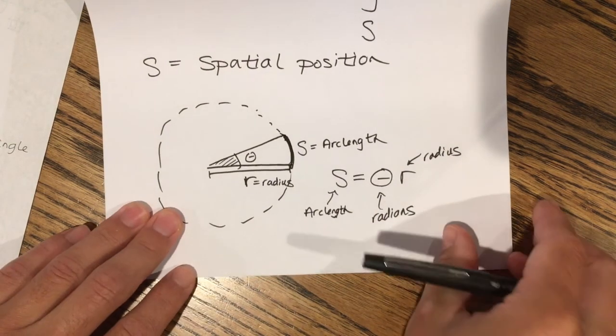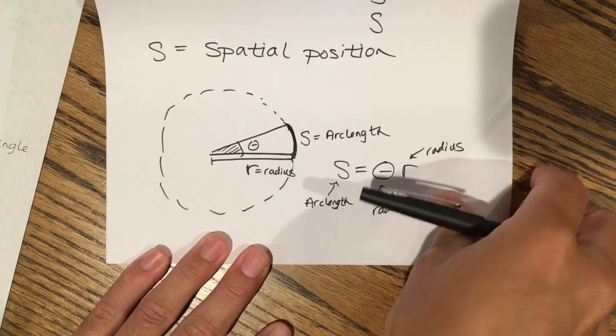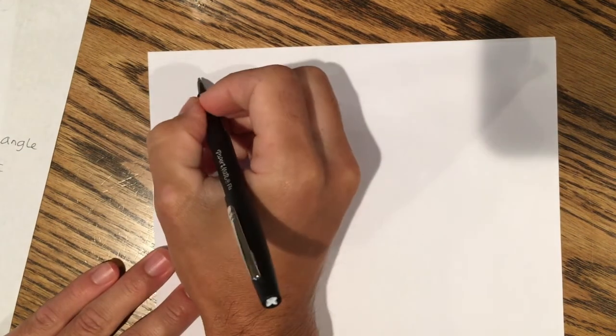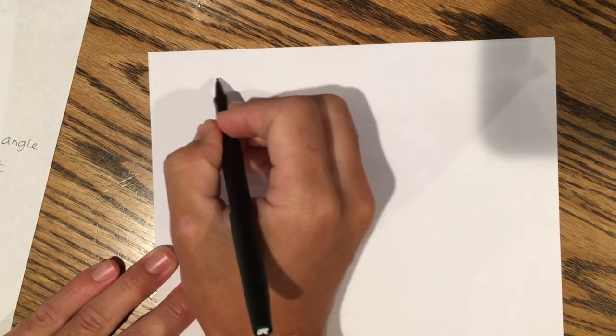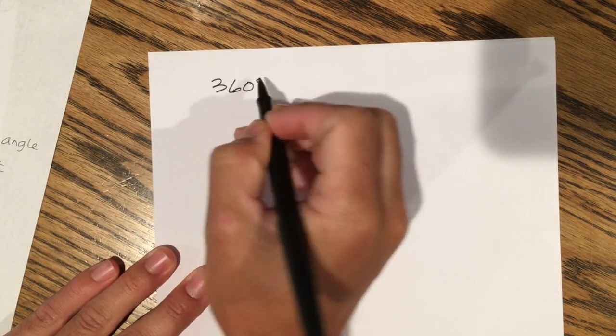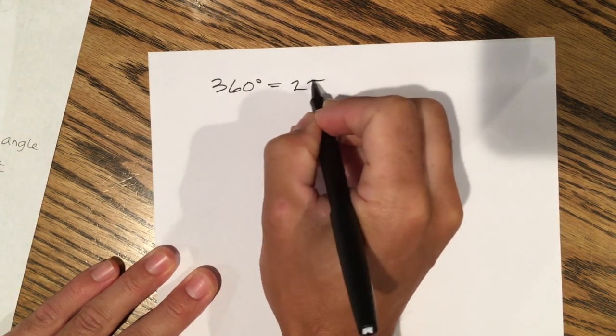So let's look at an example of that. Let's say our angle is instead equal to 360 degrees. So let's say we go all the way around the circle. We said that that would be 2 pi radians.